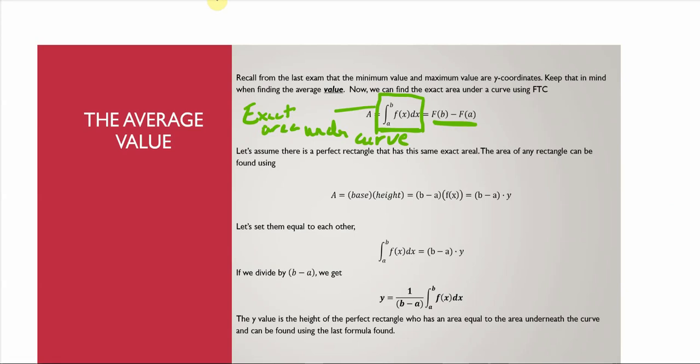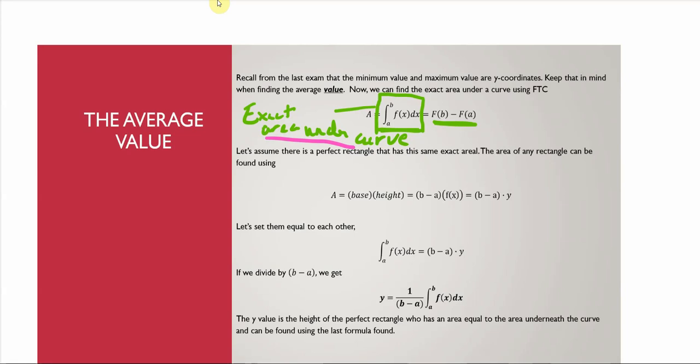Now, since this exact area is a numerical value, it's a number, and that number can be a product of two things. So I can say I have a rectangle out there, and that rectangle's area is going to be the base times the height.